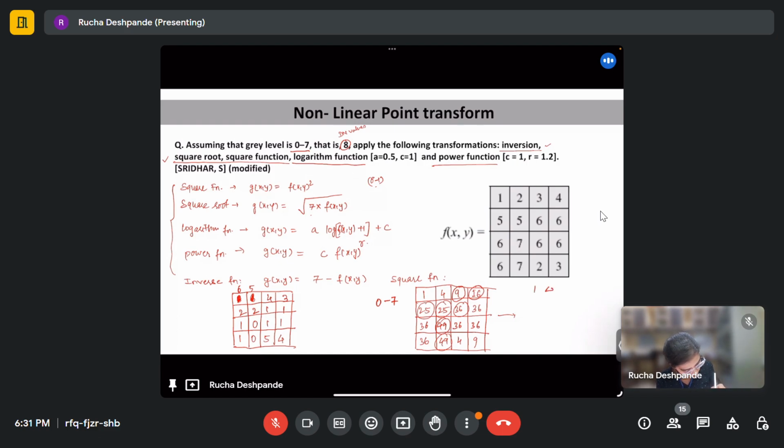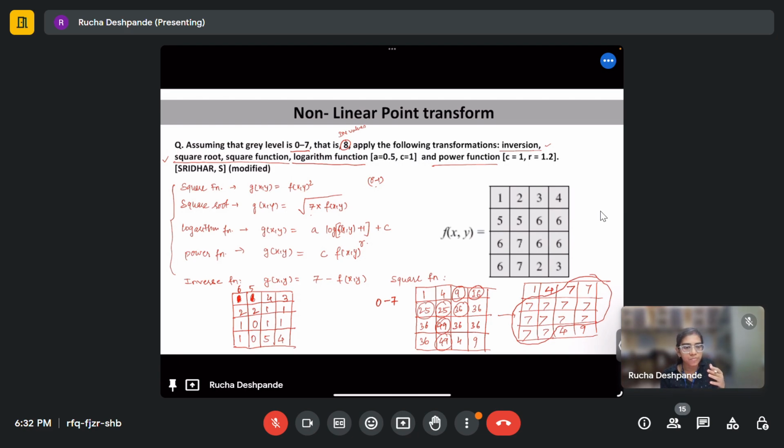1, 4, 7, 7. Again 7, 7, 7, 7. And 4, 9. Here all of these pixels have the same value only.